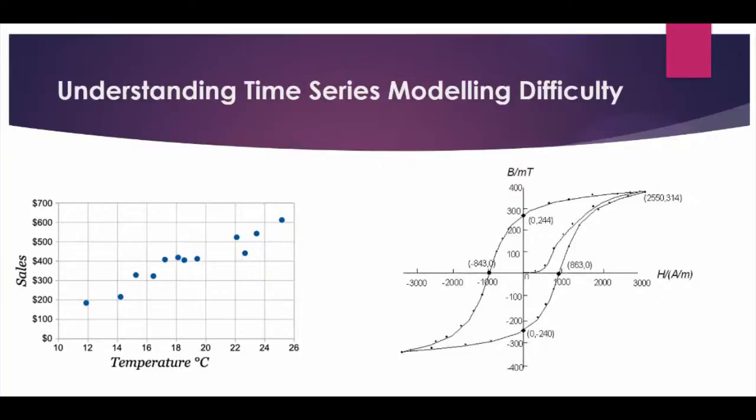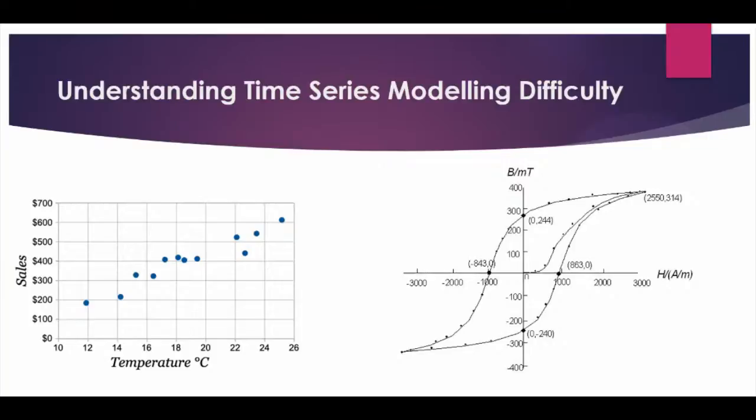Now consider the second example, on the right hand side. This is the hysteresis curve. All of you must have seen this curve. Suppose at x equal to 1500 on the x-axis, you draw a vertical line. What will be the value of y?